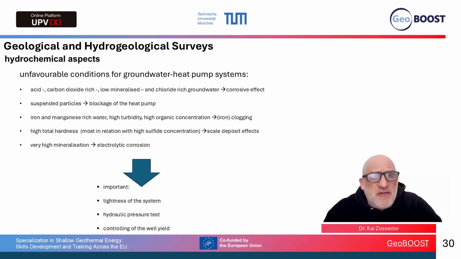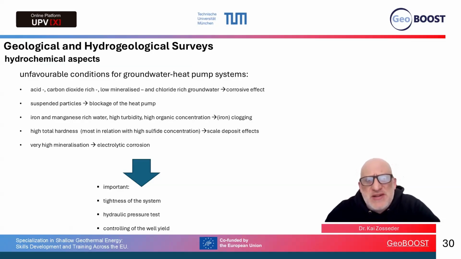Unfavorable conditions for groundwater heat pump systems, as you can see here, are acid, carbon dioxide rich, low mineralized, chloride rich groundwater. So you have corrosion effects or blocking effects if you have suspended particles. And as I said before, iron and manganese can be a problem.